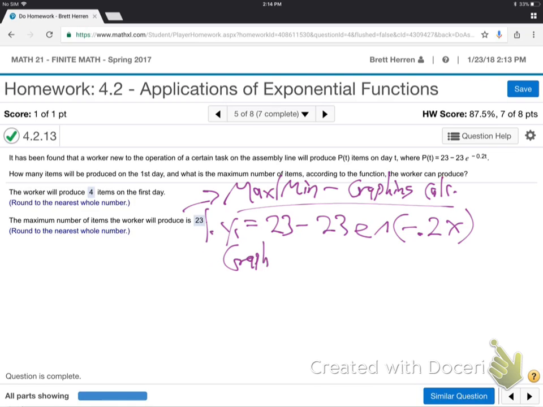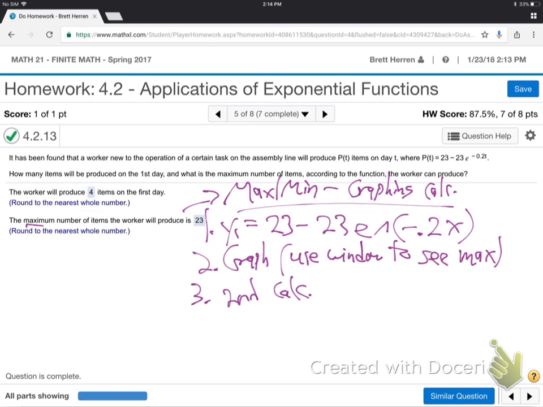And then you have to graph it. So step 1, put in y1. Step 2, graph it and use the window to see the max. We're trying to find the maximum. Step 3, hit second calc.